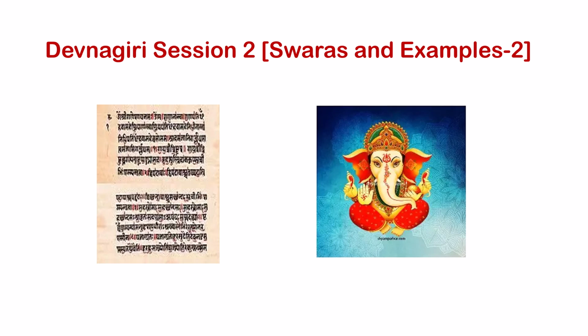So A plus dirgha E is I: aishwaryam, airavatah, aikyam, meaning unity. Bharatiya janaha aikyam, meaning the people of India should live in unity. What else can you remember from Airavatah? Aishwaryam is prosperity.